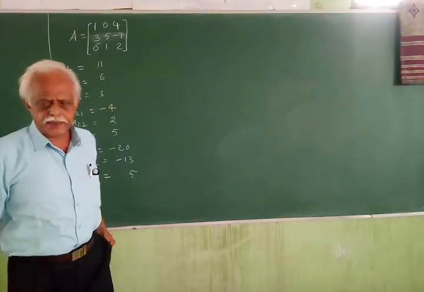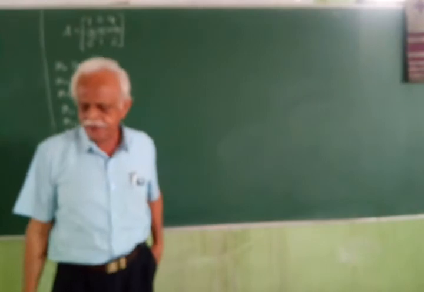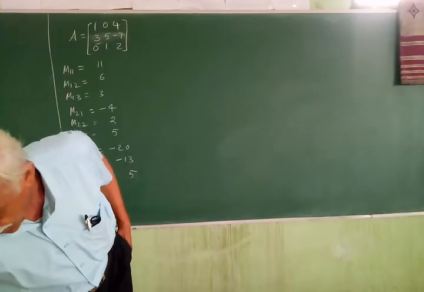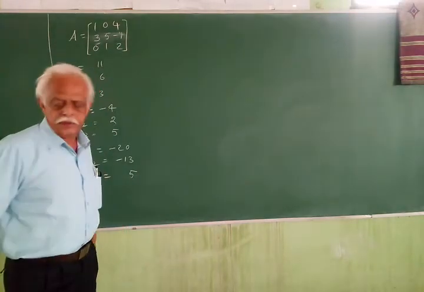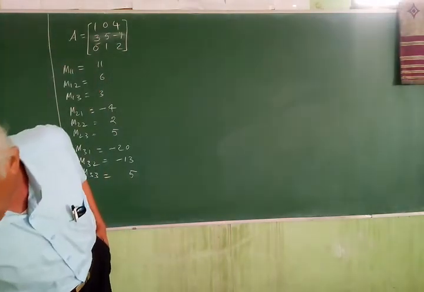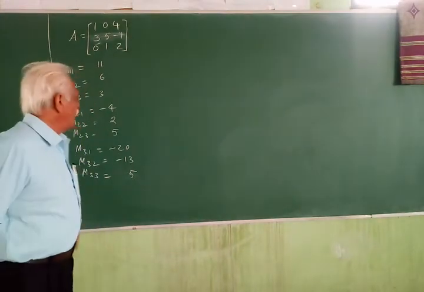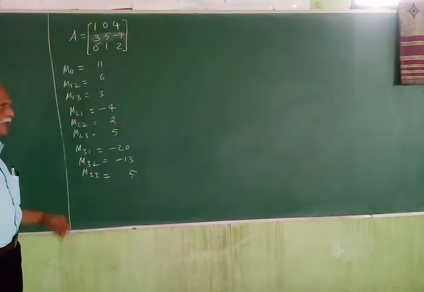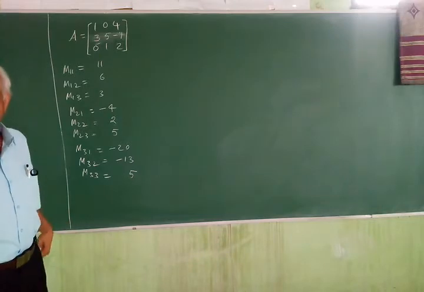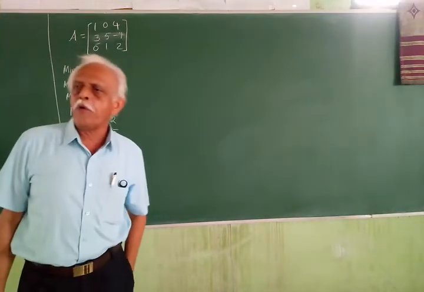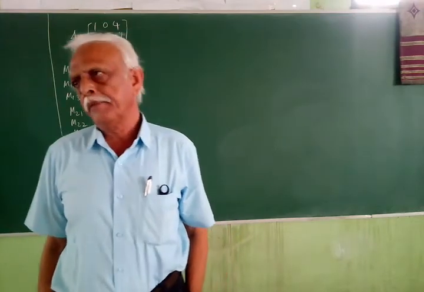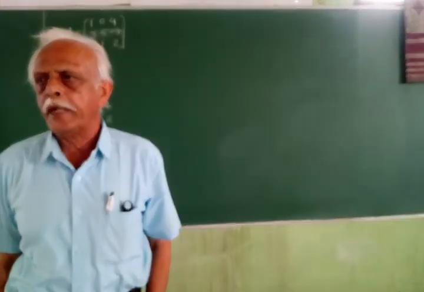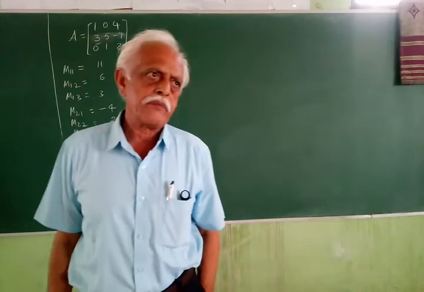See, in the previous live class, exercise 4.4, problem number 2, bit 2, you are asked to find the minors and cofactors. I have written all the minors like this, and you must know that cofactors are denoted by Aij, where i represents the row and j represents the column.